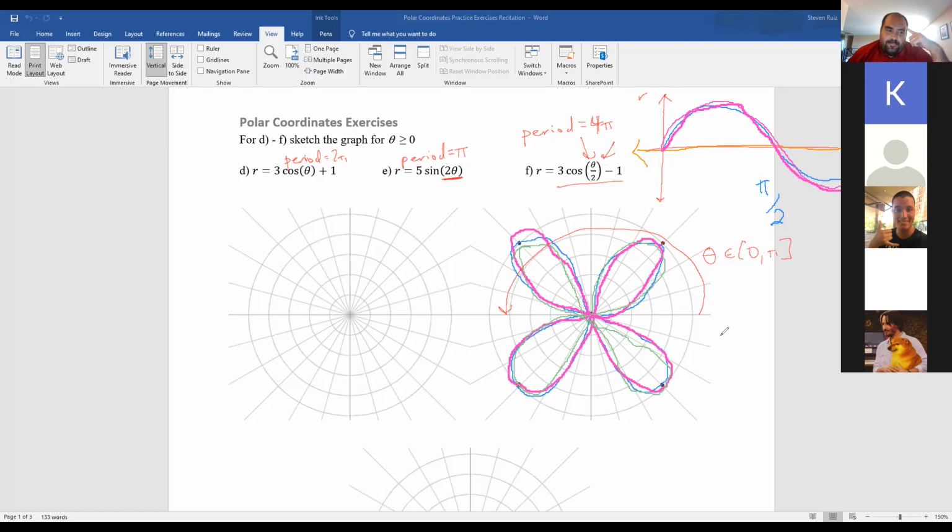Does that make sense, Kevin? Yeah. It's like backwards from what I thought. What is probably a little more intuitive, and this will make more sense for people with a physics background, is that with this 2 here, I am doubling the frequency. By changing this from theta to 2 theta, I am doubling the rate at which these angles take place.